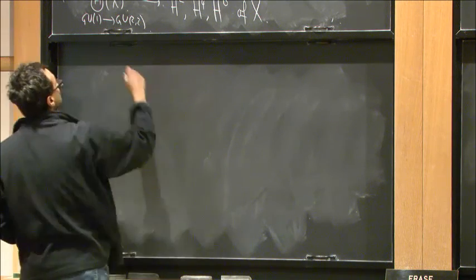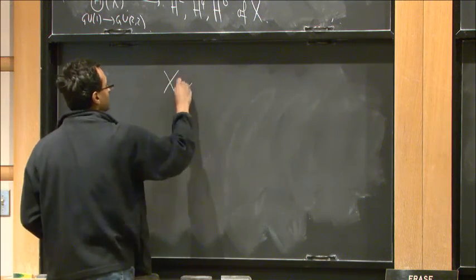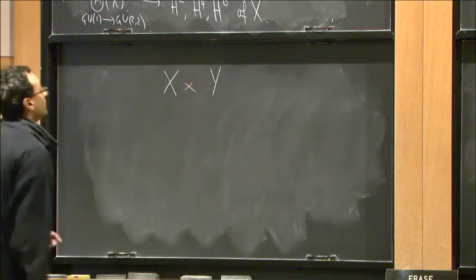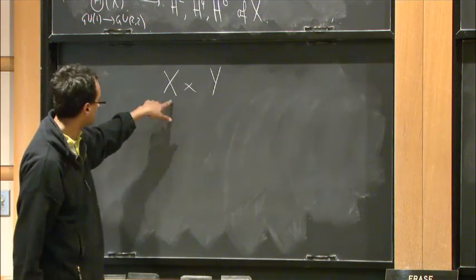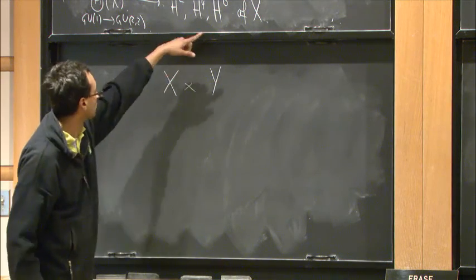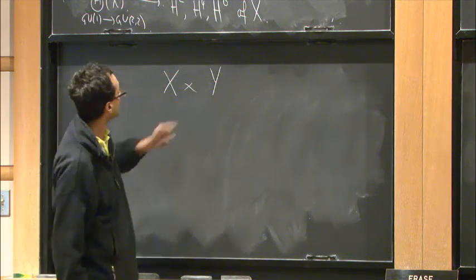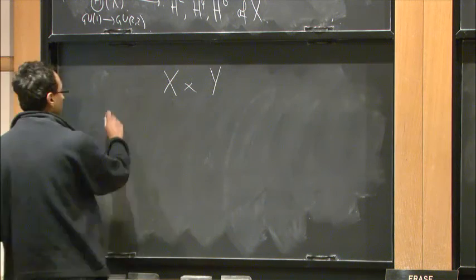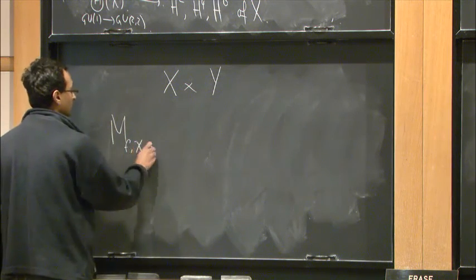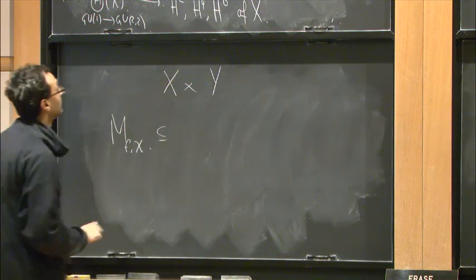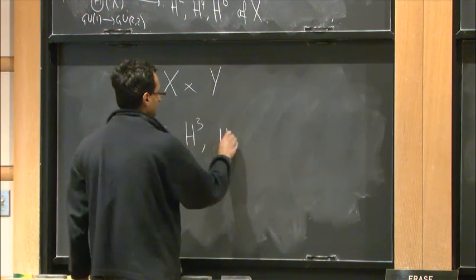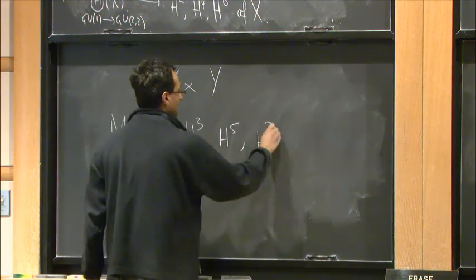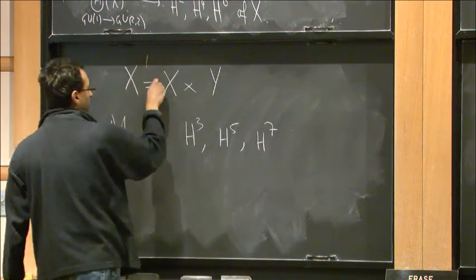So let's take, so the ambient variety now is going to be X cross Y. And if you take X cross Y, then the theta function lives in, say, H2, H4, and H6 of X. And F contributes to H1 of Y. So the motive that you're interested in, MF chi, lives in three different homology spaces. It contributes to H3, H5, and H7 of this variety X prime.